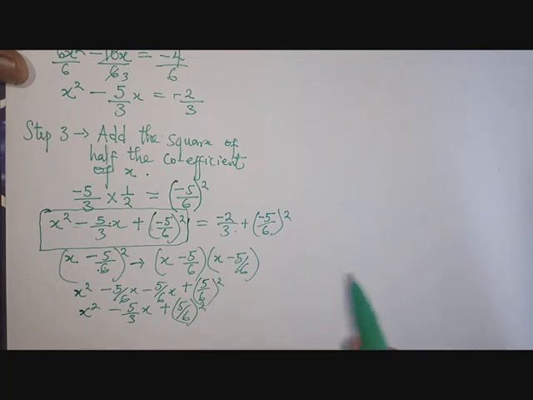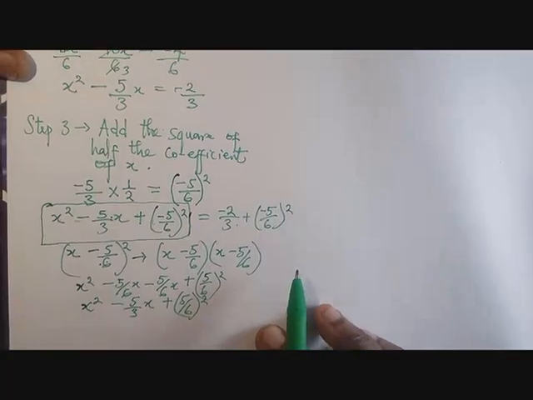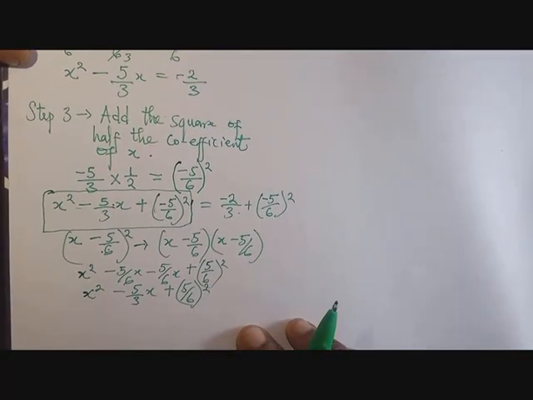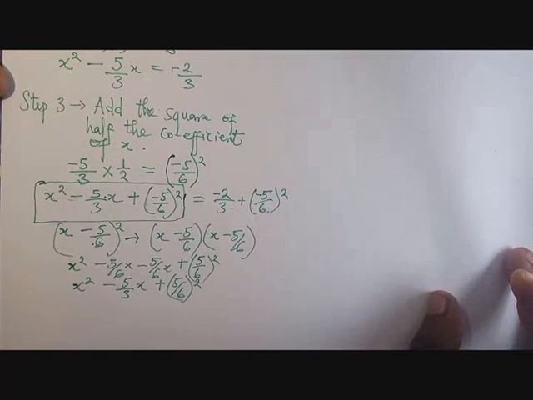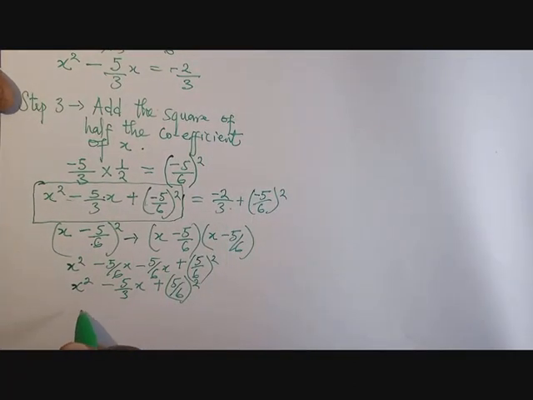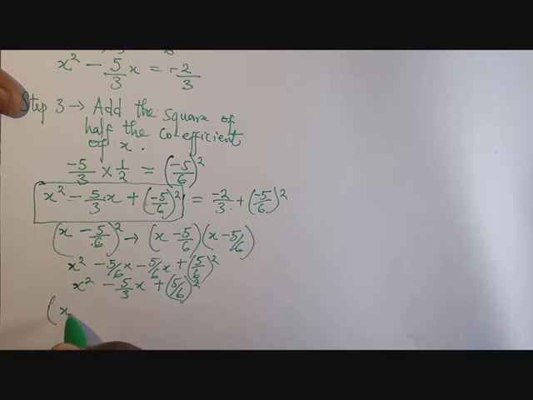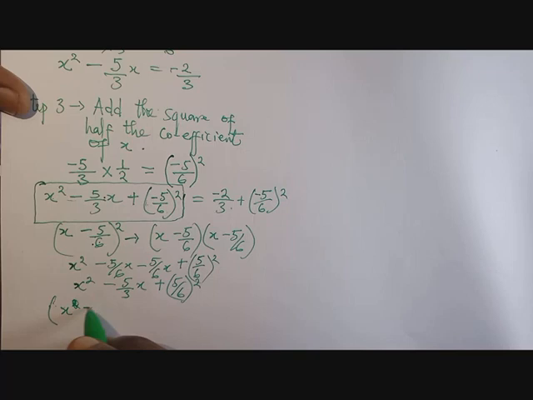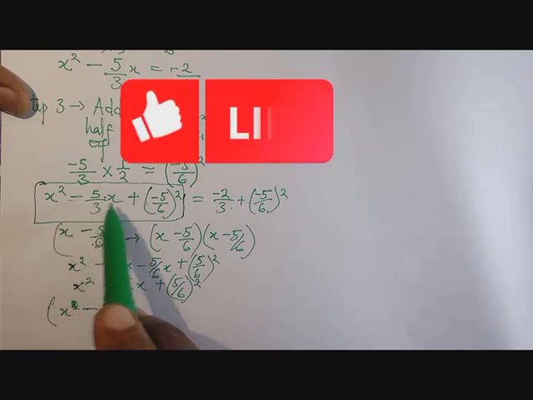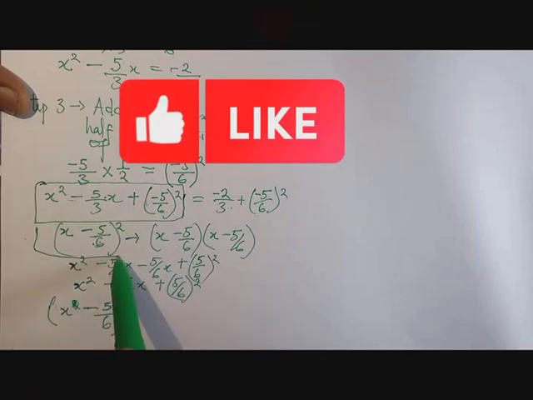Now we are going to continue to simplify our equation. Continuing from where we stopped, we have x minus 5 over 6 all squared. Remember, this is the step I was trying to explain.